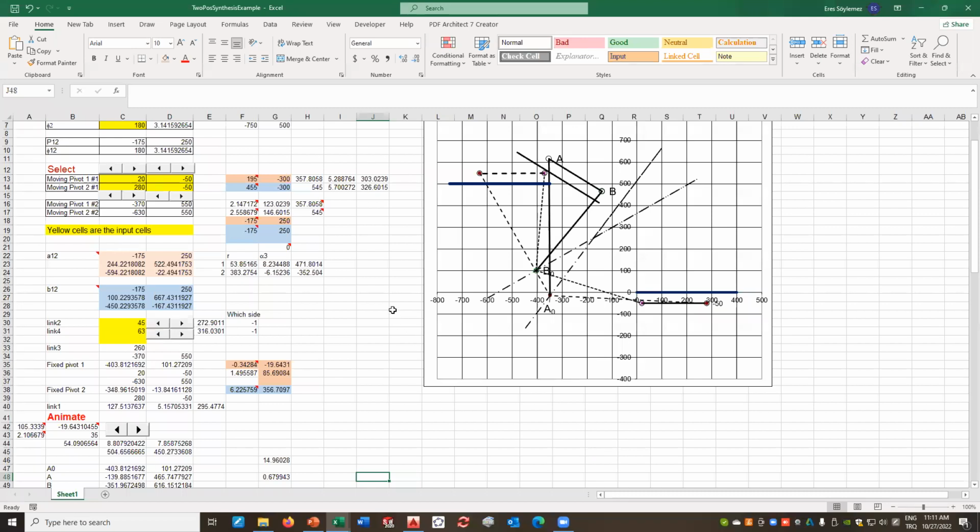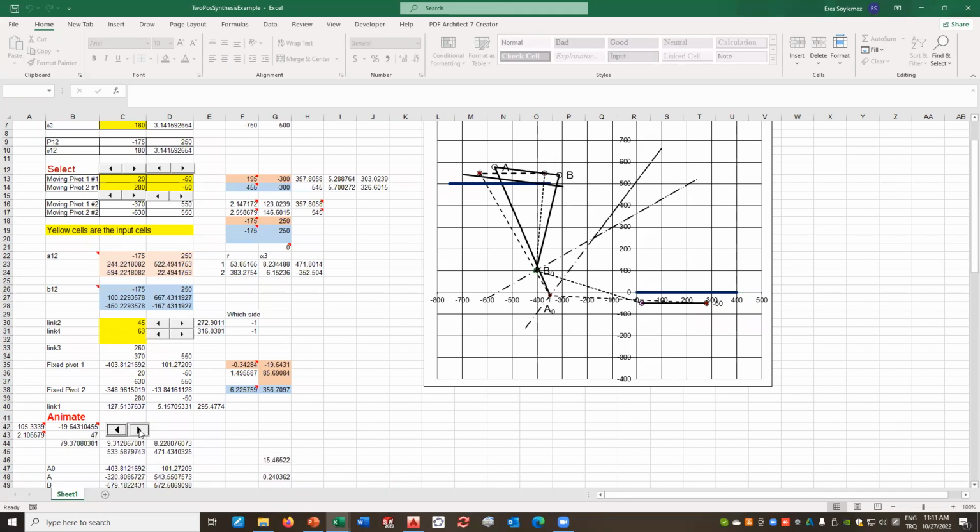This solution, this is the same thing, but I'm sorry, I have not selected the correct AB. So the procedure is the same, but you have to redo it.